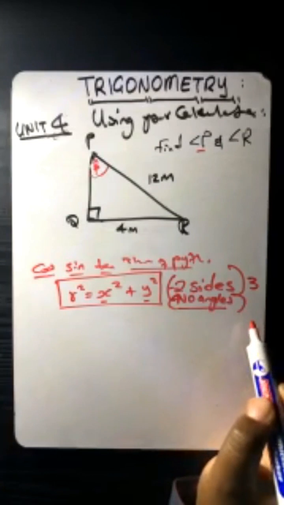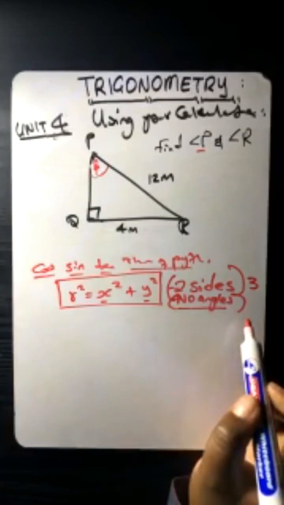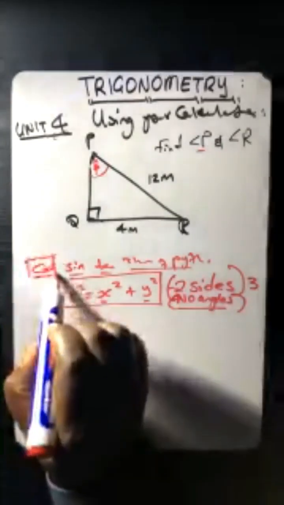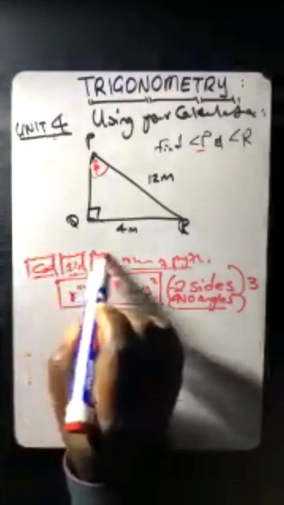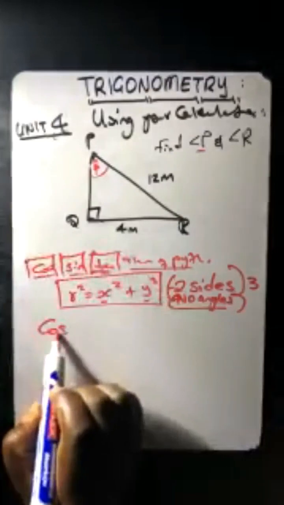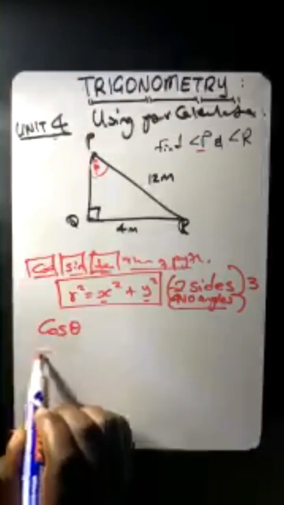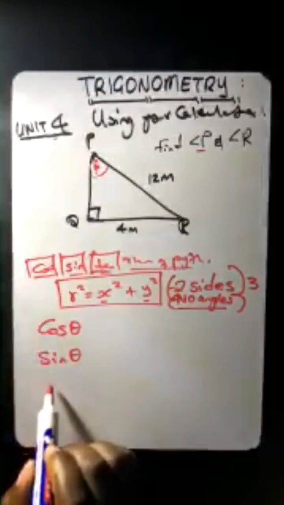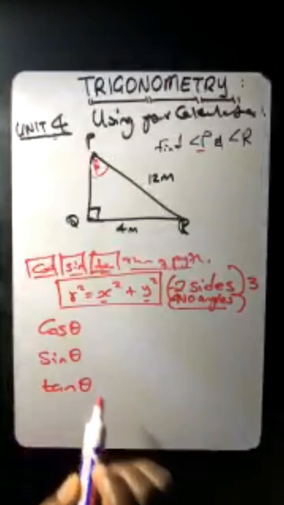But only if they are talking about angles, that's when you remember cos, sine, and tan, because they have angles: cos of angle, sine of angle, and tan of angle.